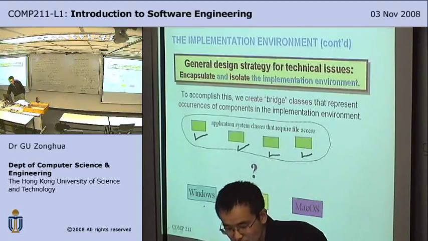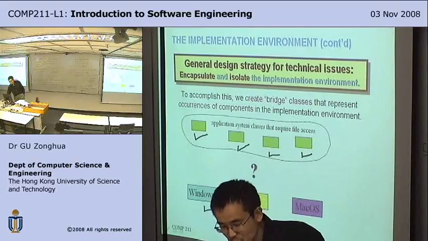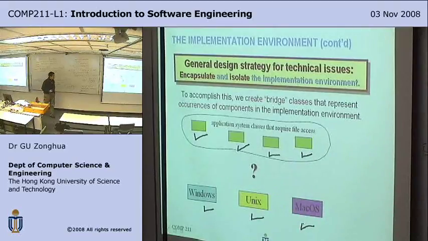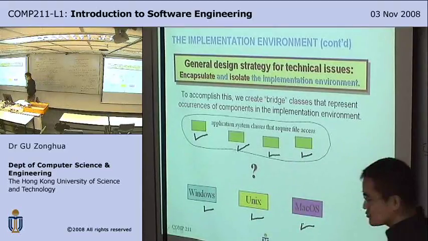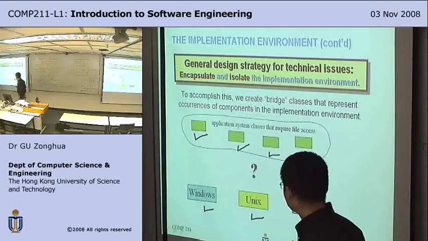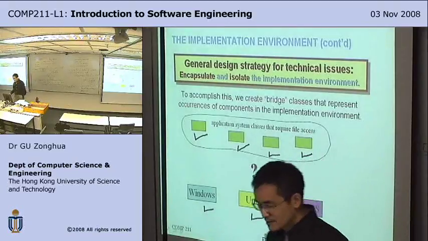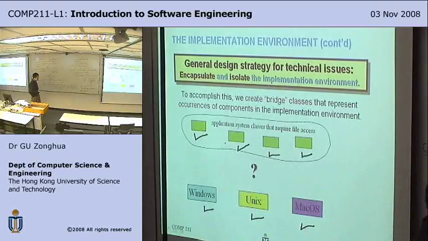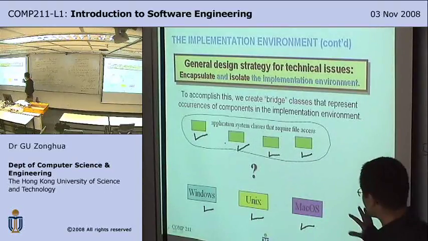Here are three different operating systems: Windows, Unix, and Mac. Now, if you want your application software to be portable, you cannot encode the OS system calls directly into your application system classes.